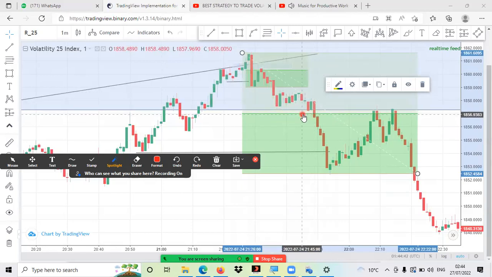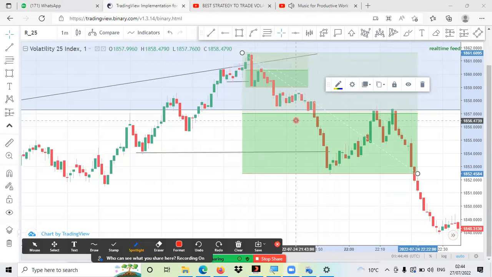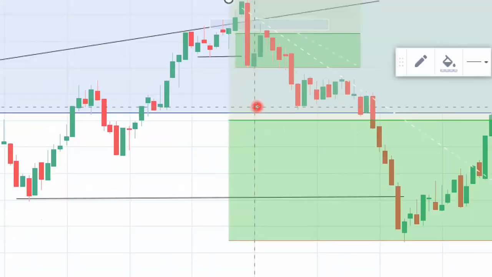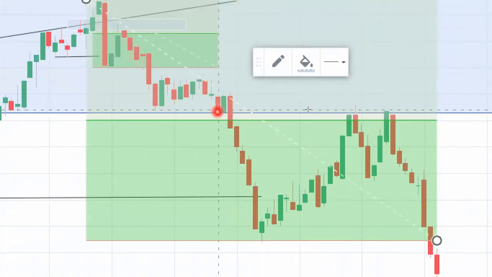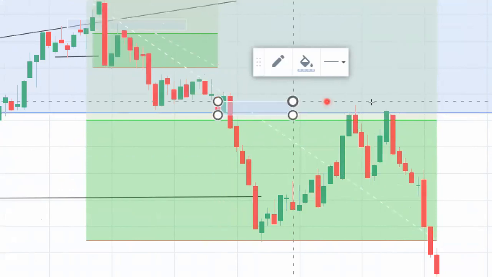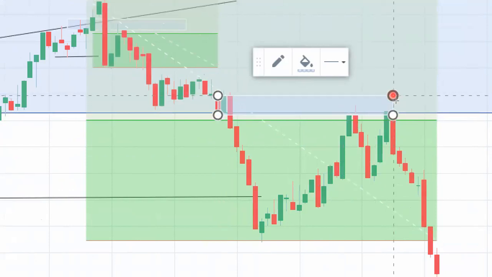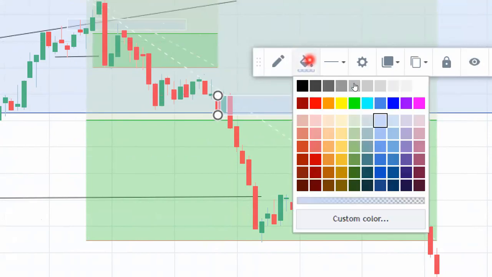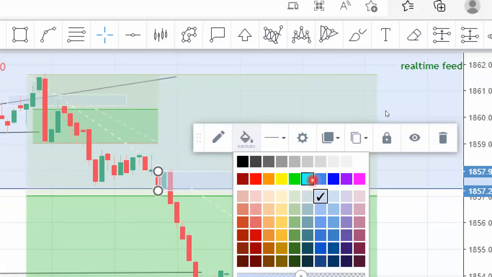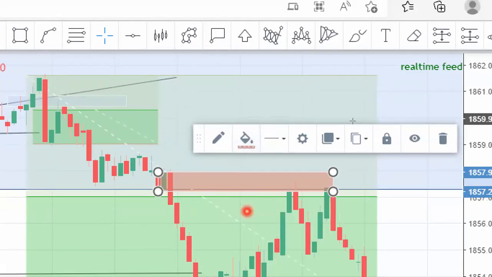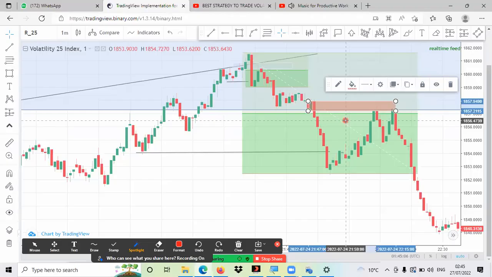So we always want to trade above the 50%. We find something that can hold our sell trade. We are focusing on sells, which will be this particular block.